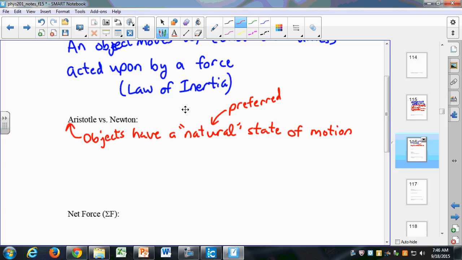Now, Newton came along and said something very different, that there is no preferred state, or no natural state, but objects continue in whatever state they're in.